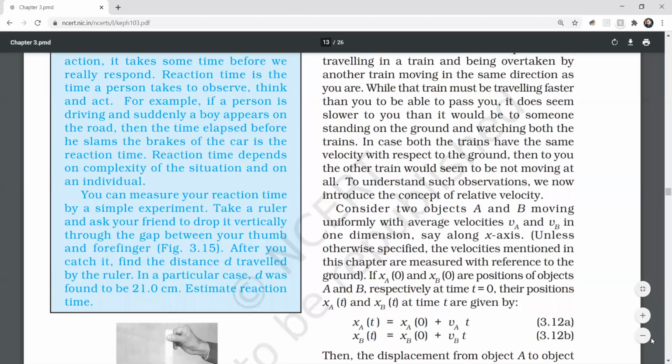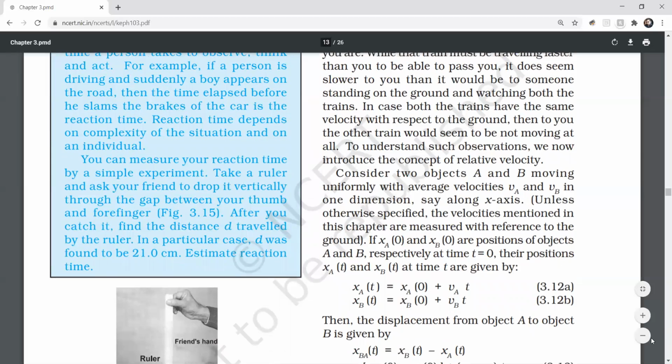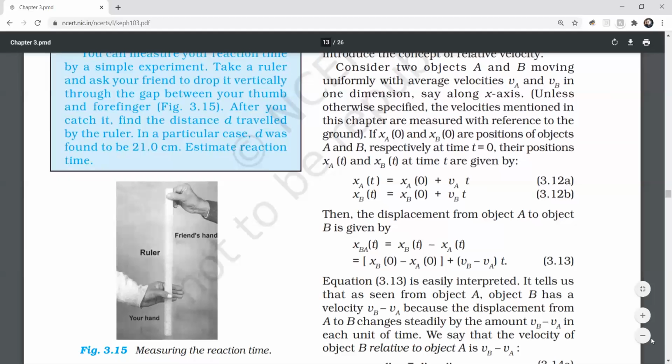Now, since we are only talking about motion in a straight line, in a rectilinear motion, in this case, we understand it's only in one dimension, that is along the x-axis. So whatever velocities that we are talking about are always on the ground only. And therefore, we understand that the location of a particular object or the motion of a particular object is always in respect to the time that has been taken, as well as the velocity that has been subject to that object for the displacement that we are talking about.